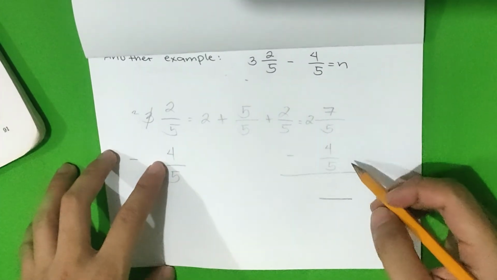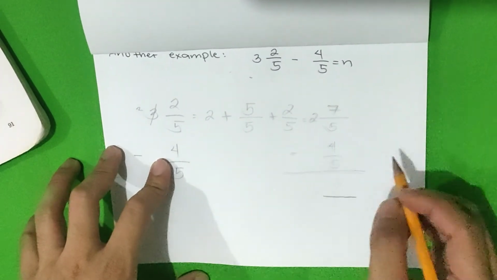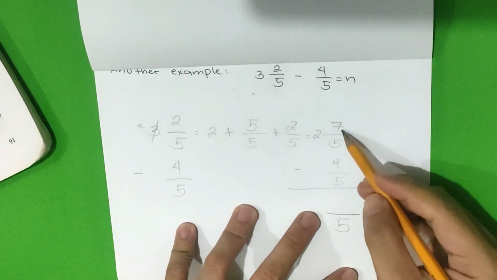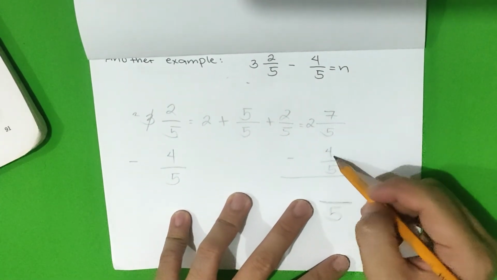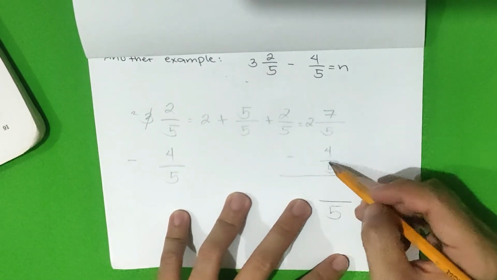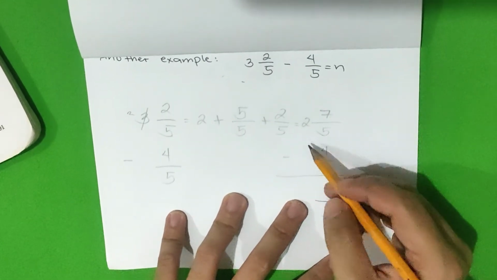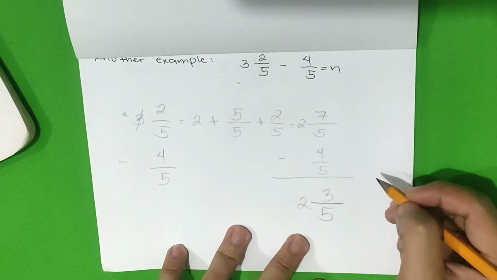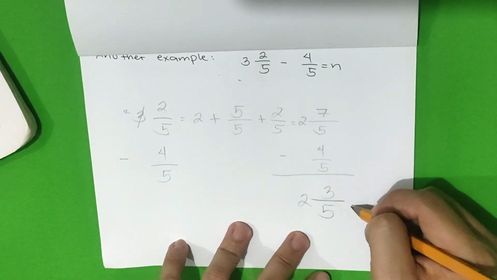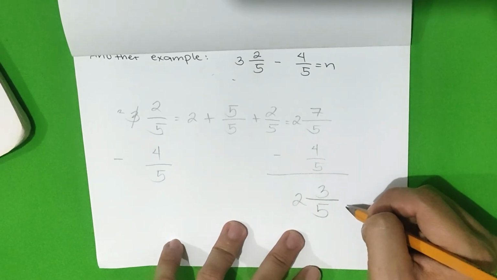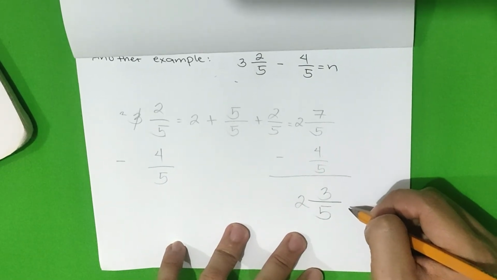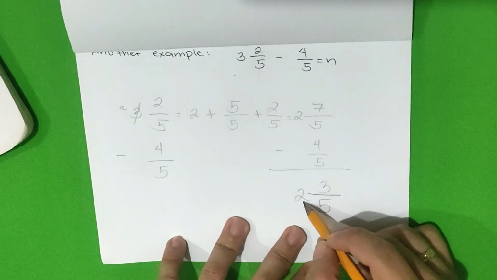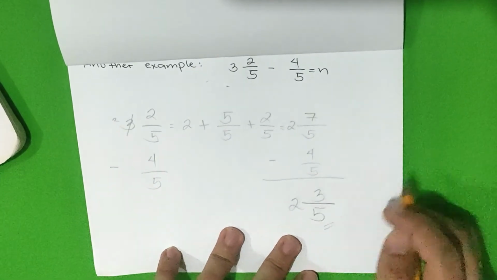Since our set of fractions are similar fractions, let's just copy the denominator 5. And then, let's subtract 4 from 7. 7 minus 4 is 3. And bring down the whole number 2. Since our difference is at its lowest term, we don't need to reduce it. And now, this is our final answer, 2 and 3/5.